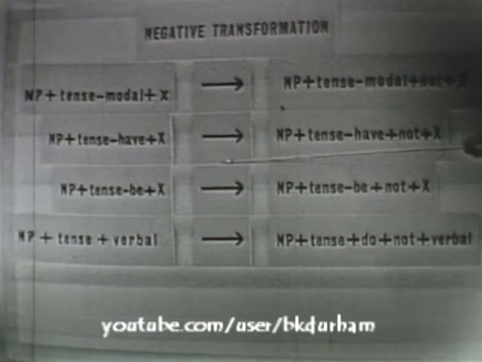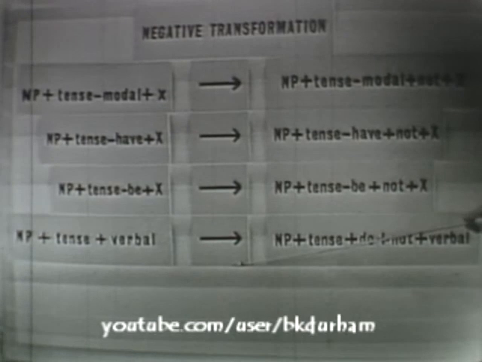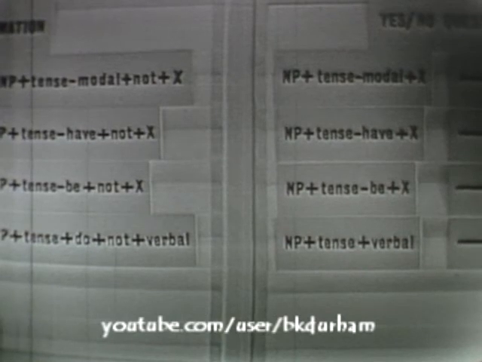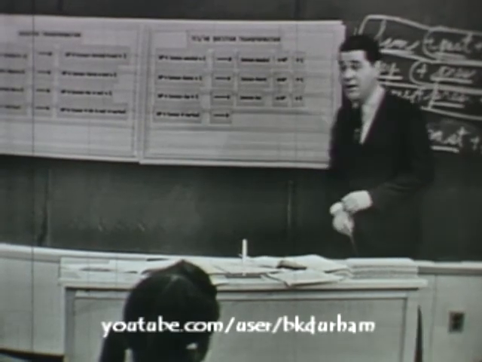Everything to the left of the arrow is the same as everything to the left of this arrow. And the third line, and our last line is the same also.